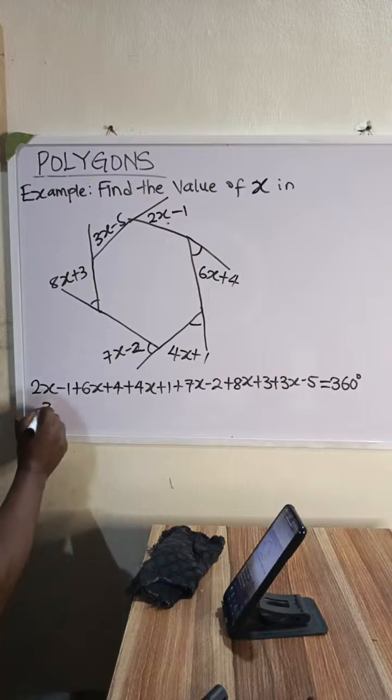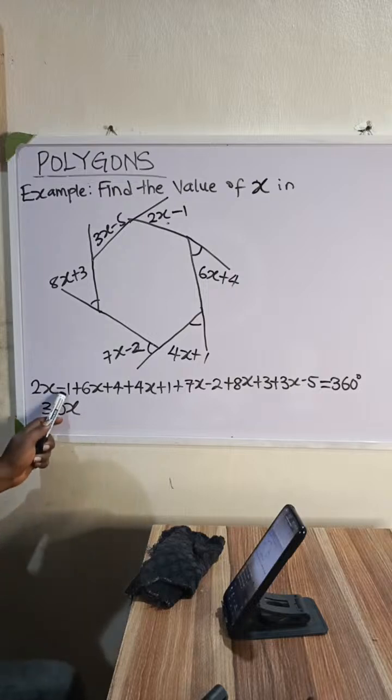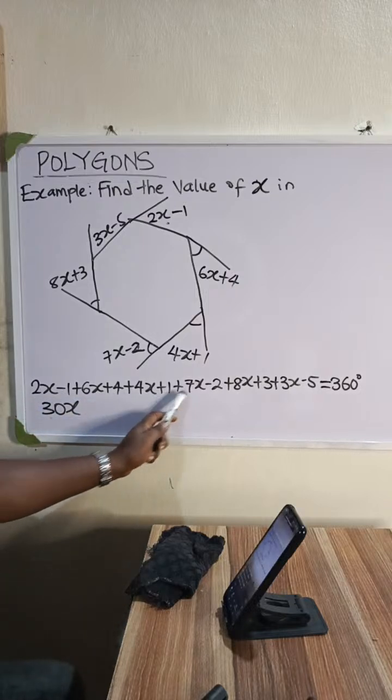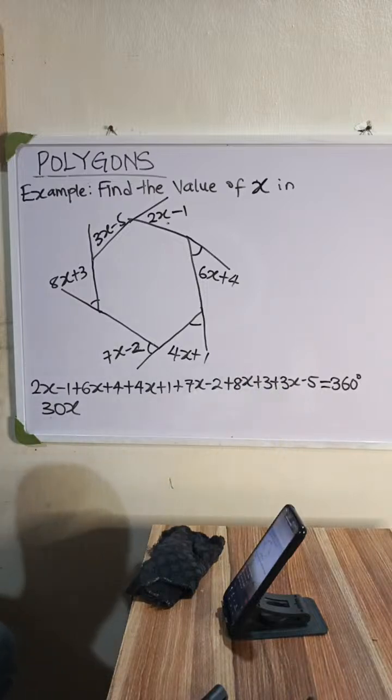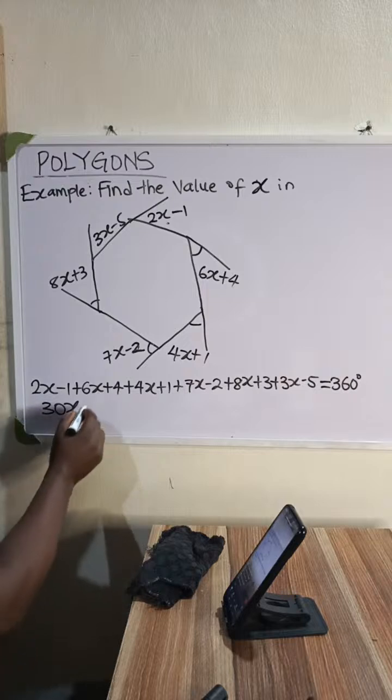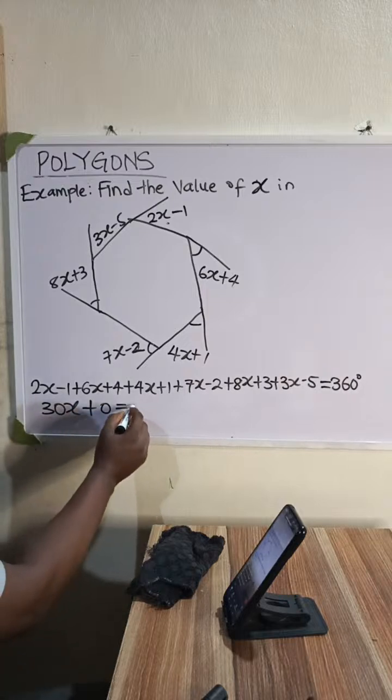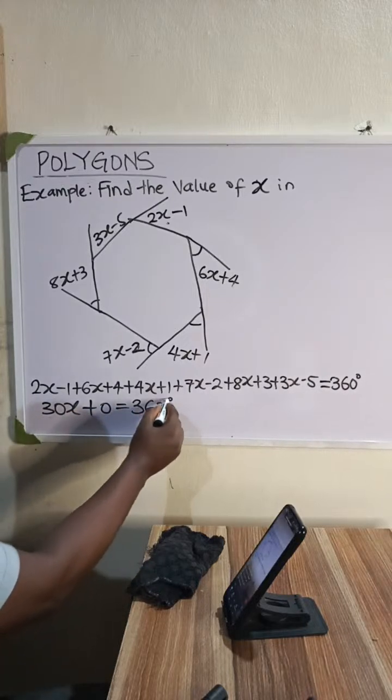So we have 30x. Next, minus 1 plus 4 plus 1 minus 2 plus 3 minus 5. What is it going to give us? 0. Correct. So plus 0 is equal to 360 degrees.